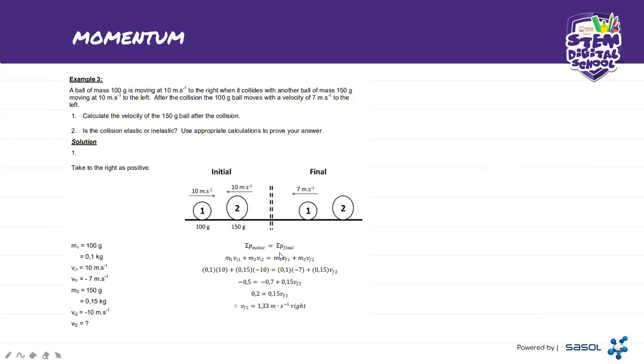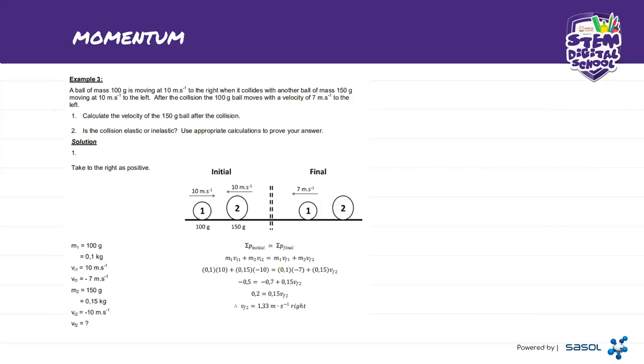Okay, so we're going to substitute everything, but you can see here what we have left is our final velocity for our second object, because it's what is not given here. There should be a question mark here that shows that there is nothing here. So we are looking for this velocity. And also, because velocity is a vector, we will know the direction.